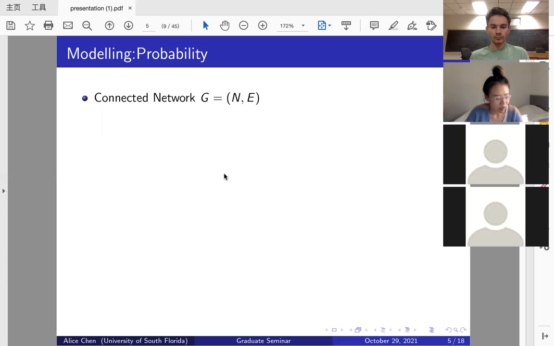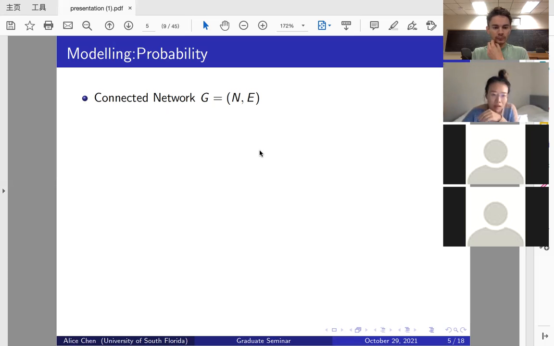So here it is. Let's get started with some notations. Okay, so we assume we have a connected undirected network, denoted as capital G, with N and E. N here means the total number of nodes in this network, and E is the edges.